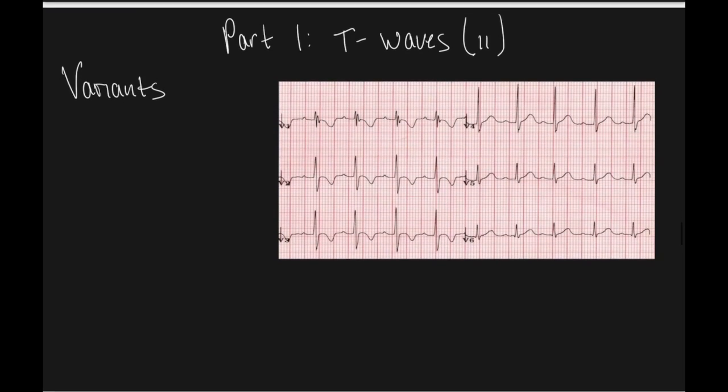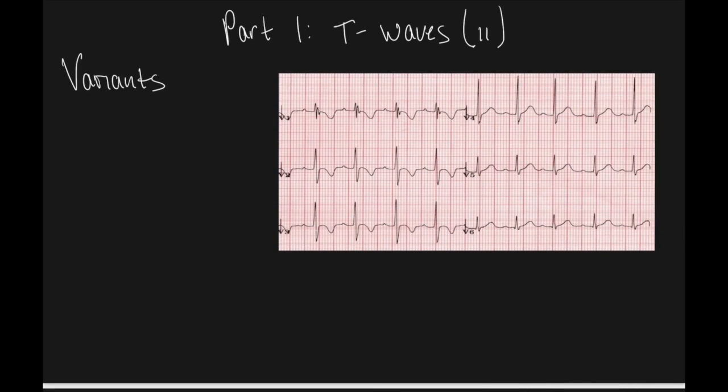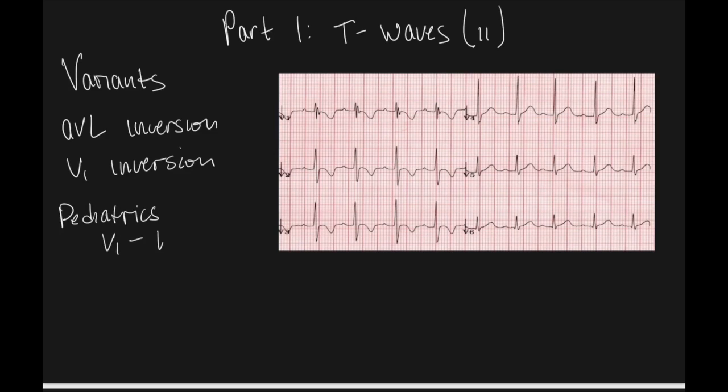Normal variance: you can have AVL inversion, V1 inversion, and in pediatrics, you can have V1 through V3 inversion of the T waves, which is just called juvenile T wave inversion.